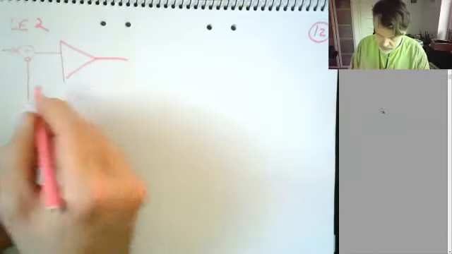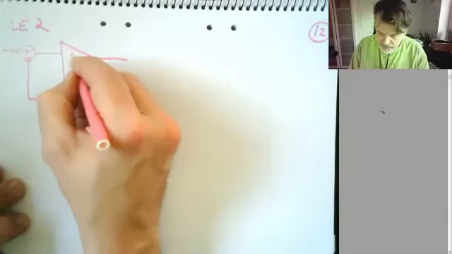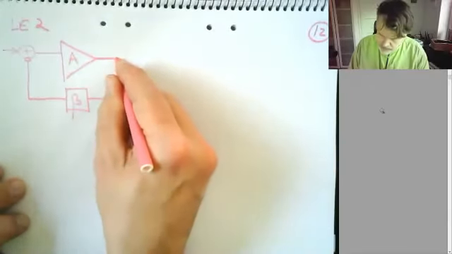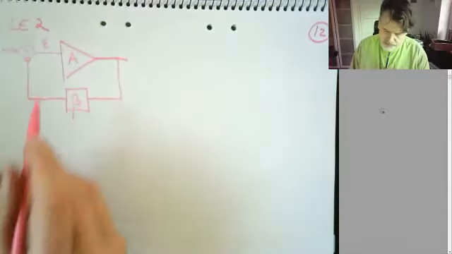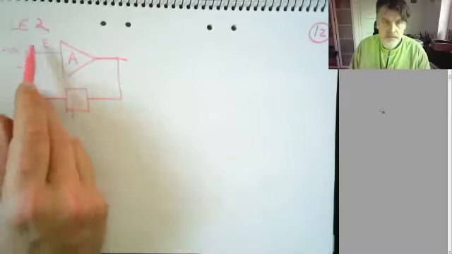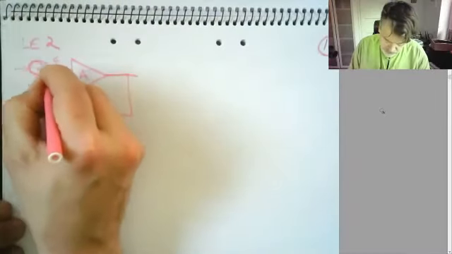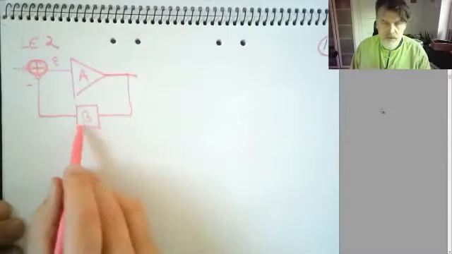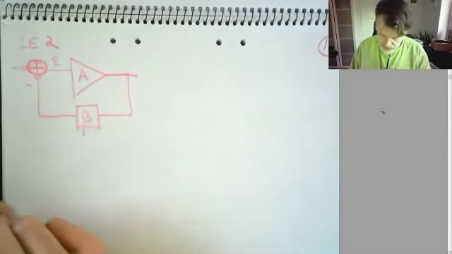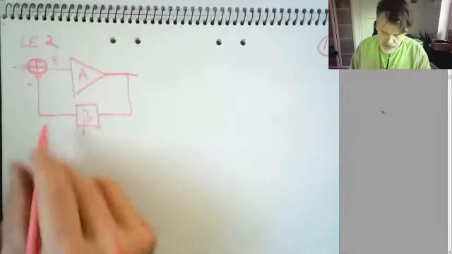So here I have beta, the feedback factor. Here I have A like that, and here I have my epsilon. And this performs a difference operation between the feedback output and the input. And that has to be implemented somehow.